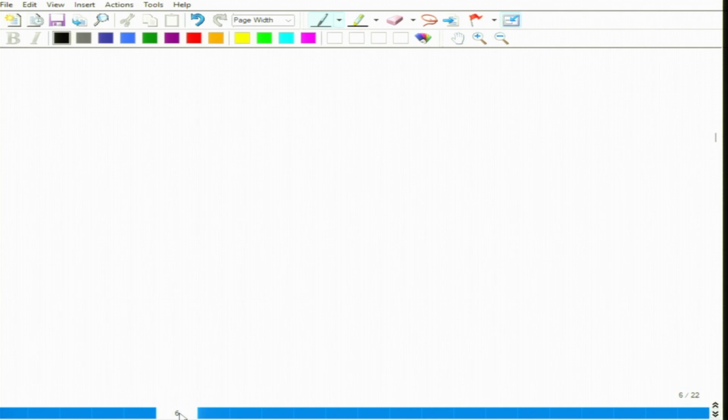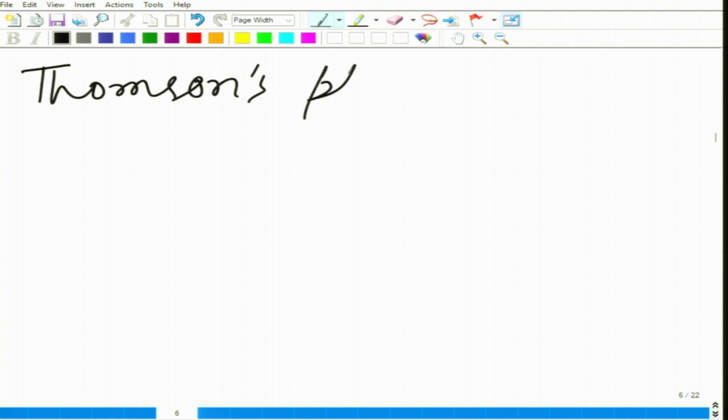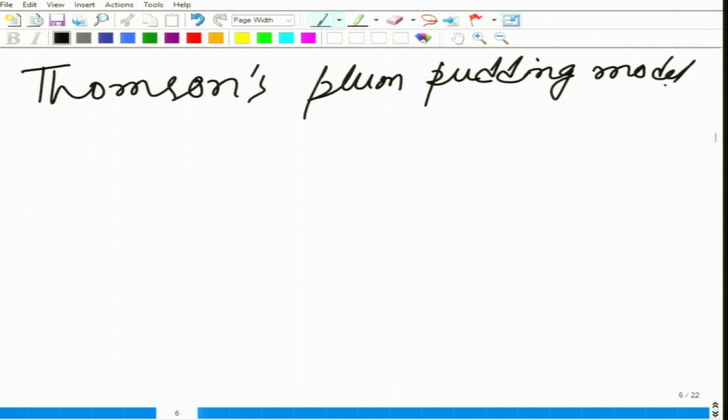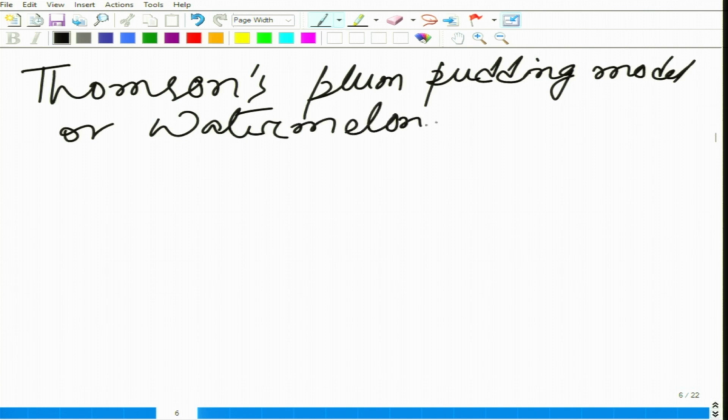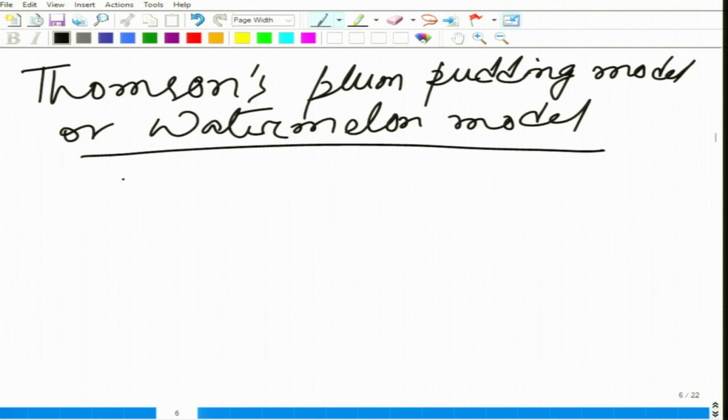In the last lecture, we had studied about Thomson's atomic model, which was Thomson's plum pudding model or watermelon model. So, what was there in this atomic model?